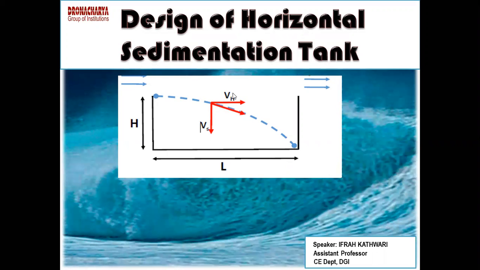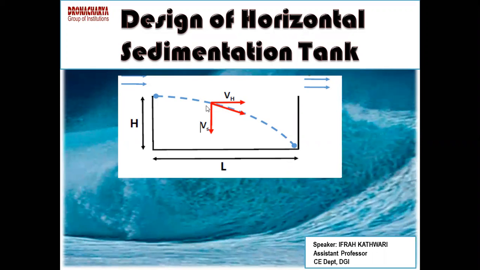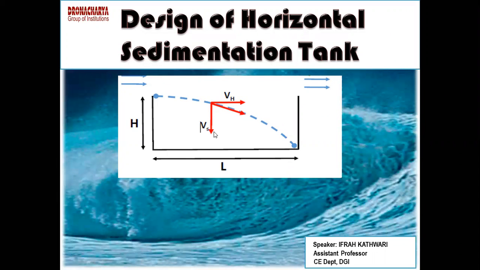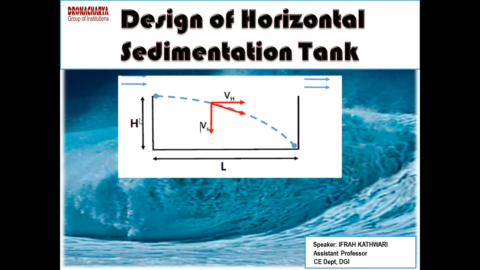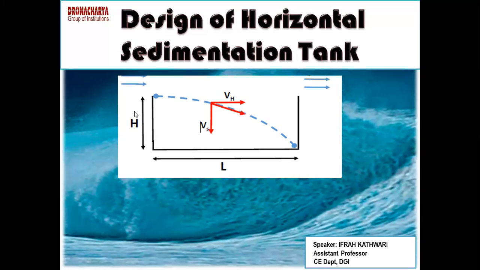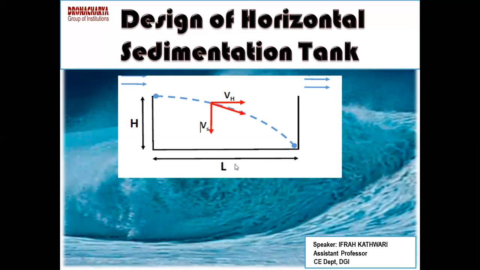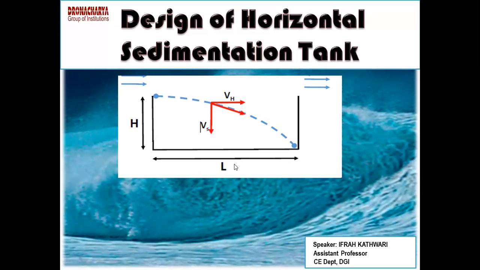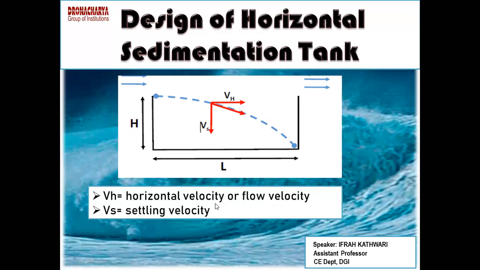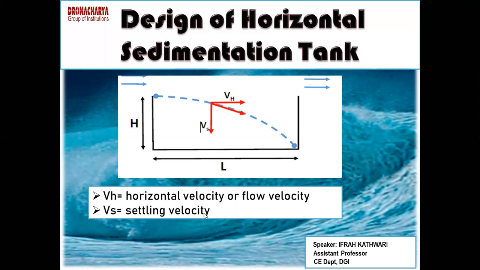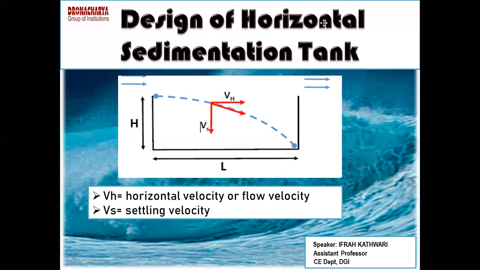This is the horizontal velocity, and this is the settling velocity, the velocity with which the particles will settle down at the bottom of the tank. This h represents the height of the tank, or the depth of the water, and L is the length of the tank. So here Vh is the horizontal velocity, or the flow velocity, and Vs is the settling velocity.